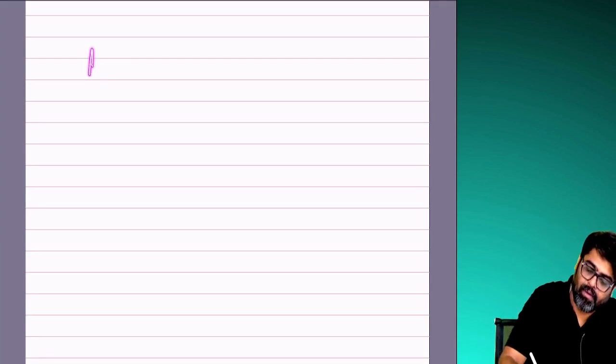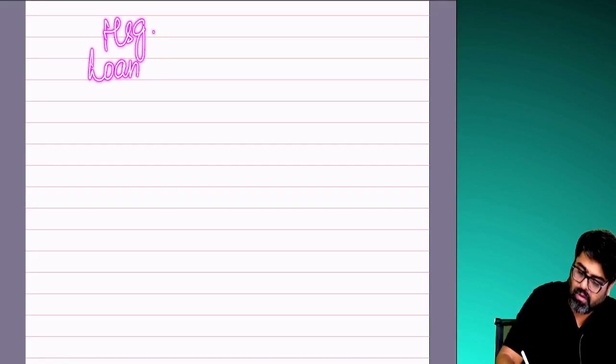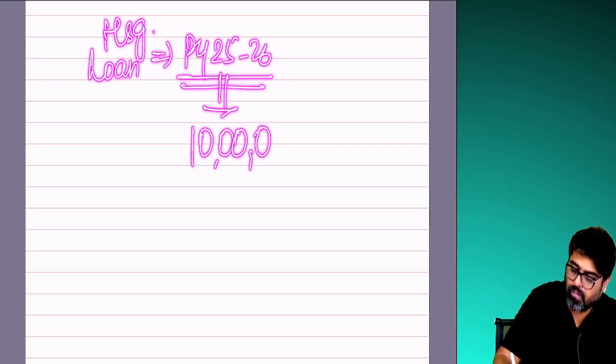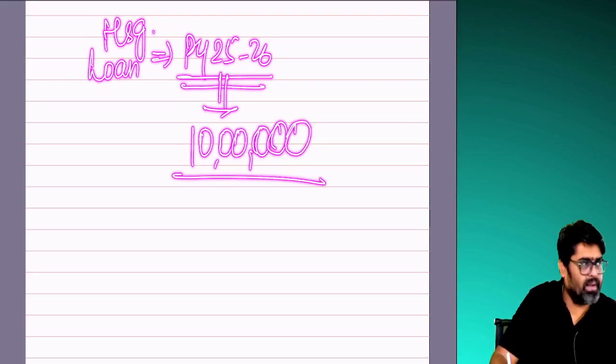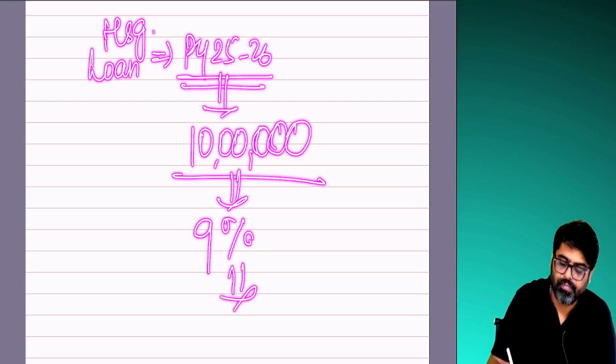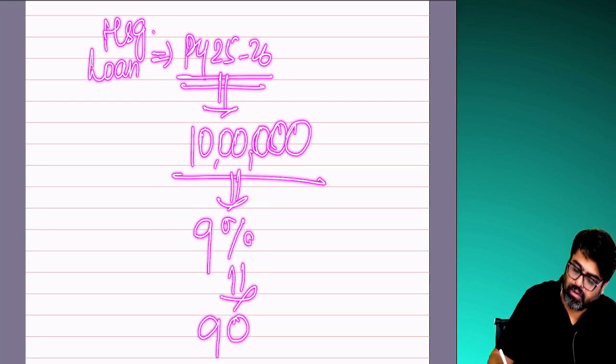So for example, the housing loan outstanding for the previous year 25-26 was 10 lakh rupees throughout the previous year, assuming that no repayment is made. On that 10 lakh, if the rate of interest is 9%, tell me, 90,000.